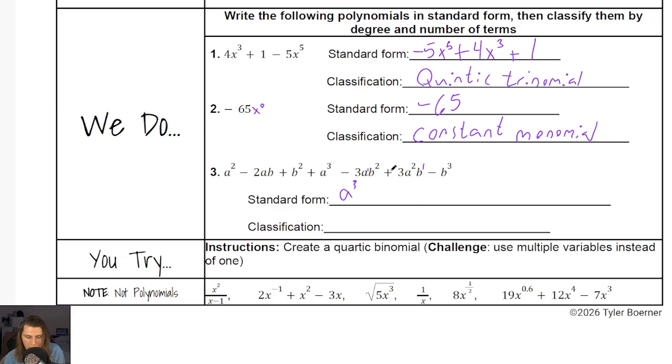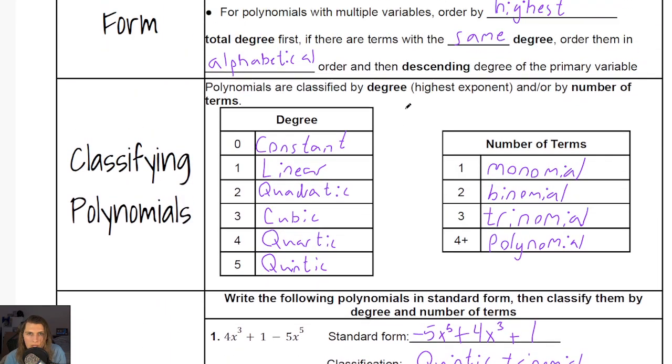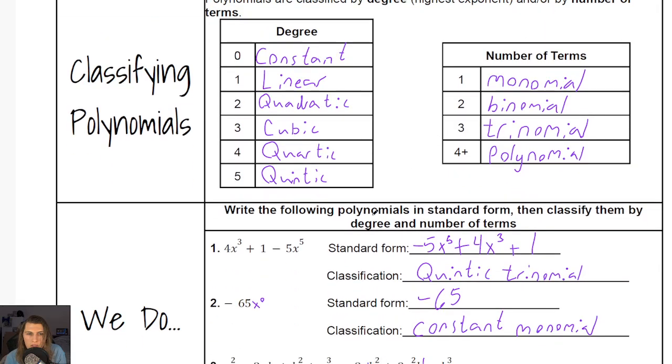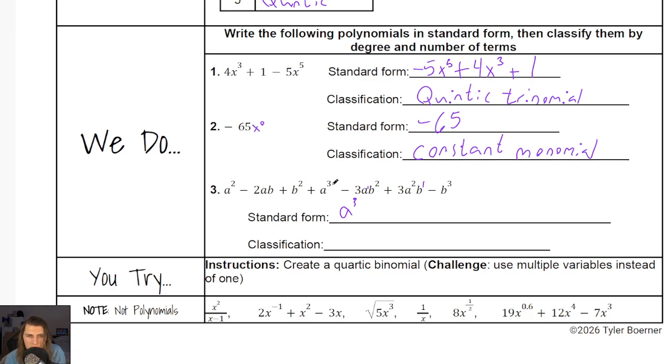So up where we were, it said that we need to do it by alphabetical order and then descending degree of the primary variable. So whatever variable comes first, we want that one to be descending. So a cubed, let's go to this one next because that's the next highest a term. So we have plus 3a squared times b.